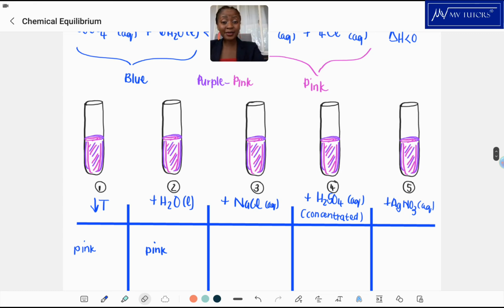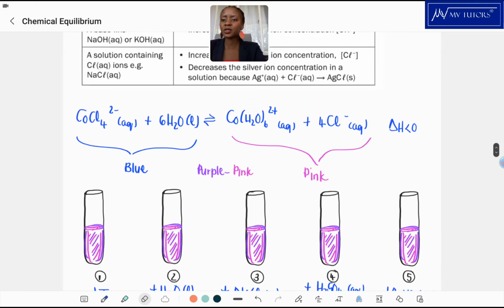Now we are adding sodium chloride, and we want to see what the common ion is here. It is the chloride ions. We have chloride ions on the product side, so we are increasing the products. What would happen if you increase the concentration of the products?